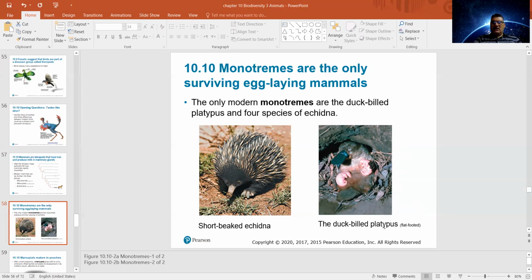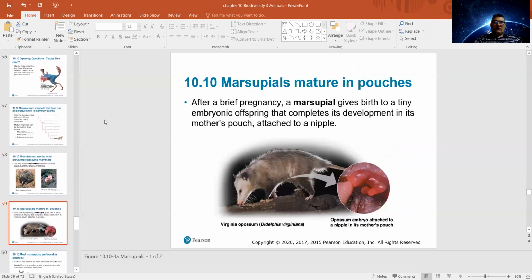Platypus means flat-footed. Here is one, and the other one is the short-beaked echidna. So those are the only types that still exist of monotremes, which is a less advanced type of mammals.